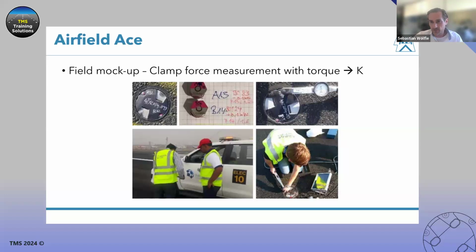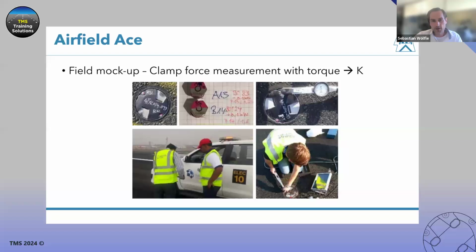I went into the field with a system which allowed a direct clamp force measurement, in parallel also seeing the torque. With this information, I was capable, for the first time in the industry, of capturing the real field situation, not something in the lab or in the books, but really what's in the field. And I think that's the most important thing.